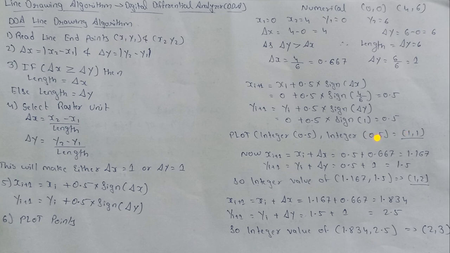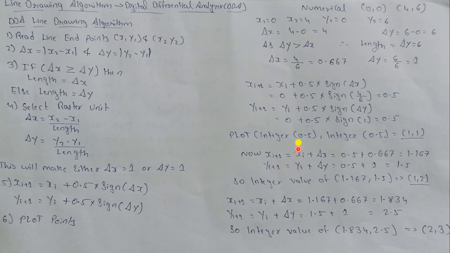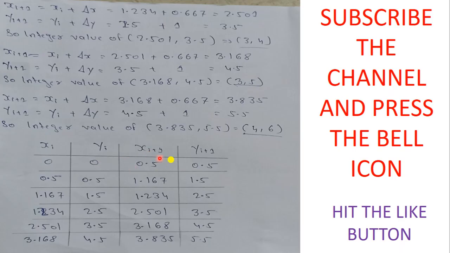If the number is 0.1, 0.2, 0.3, 0.4, whatever it is, that only you have to put. So here 0.5 is there, and 0.5 means we have to take the approximate, so we increase the number. After 0, the number that comes is 1, so 1 comma 1. This is the integer value. So this 0.5 and this 0.5 we put in xi plus 1 and yi plus 1. Now we have got the second point values.